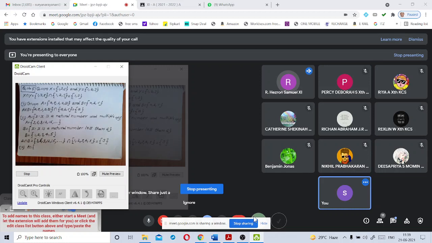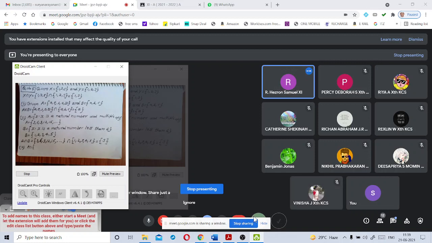Set A equals the set of all x such that x is a natural number and 1 less than x less than or equal to 6. Understood this one? We should write only natural numbers.